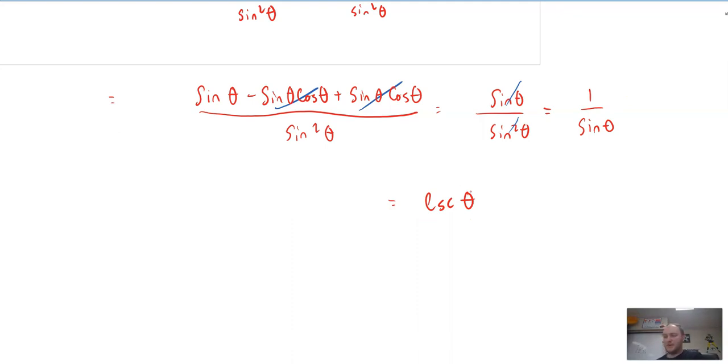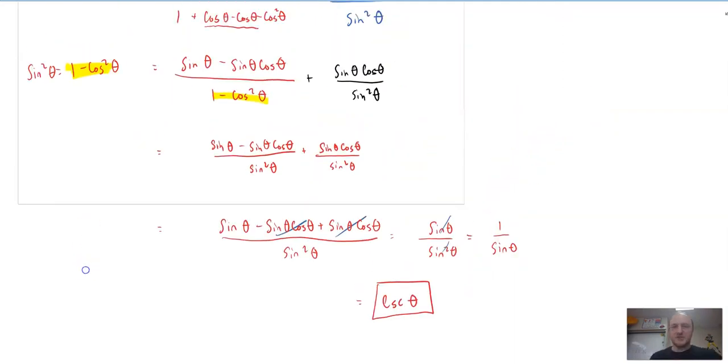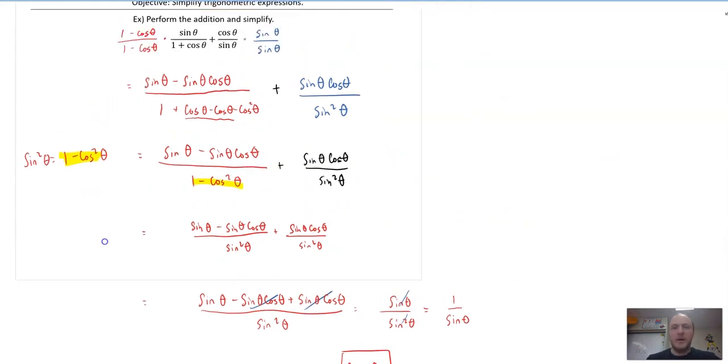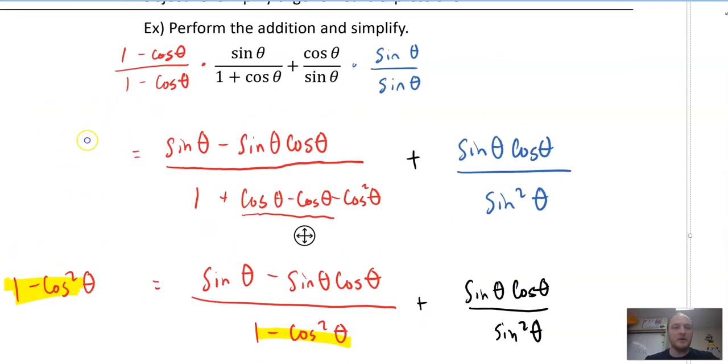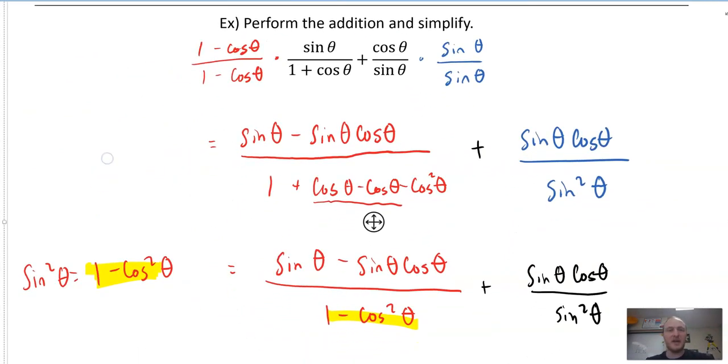What? Are you kidding me? All that for just cosecant theta? Yeah, that's all it was. It just simplified. It broke down. Some of you are probably bamboozled still, like way up here. Why did I multiply by the conjugate? One, because I had an idea of where we were going.